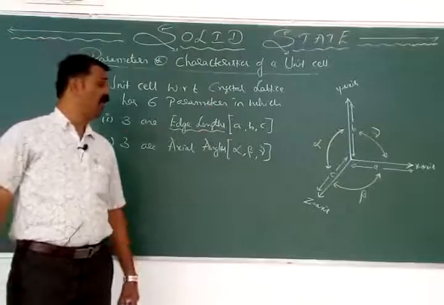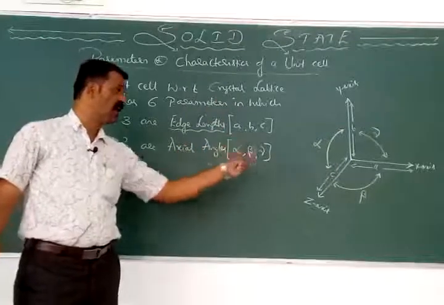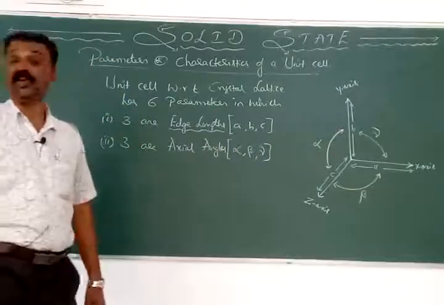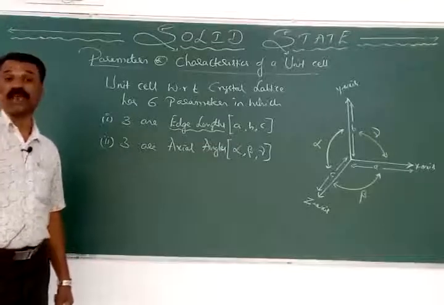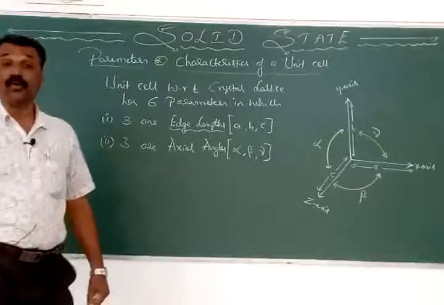The angle between B and C, or Y and Z, is alpha, Z and X is beta, and X and Y is gamma.